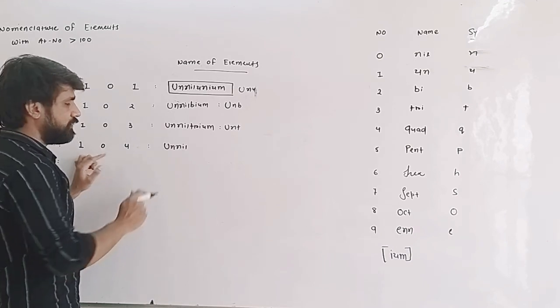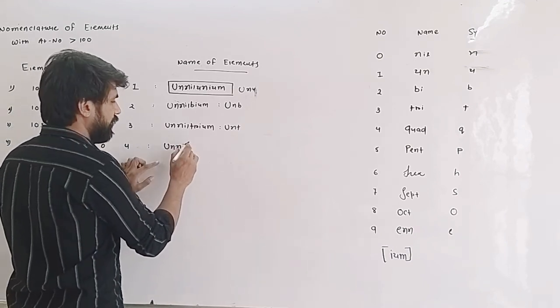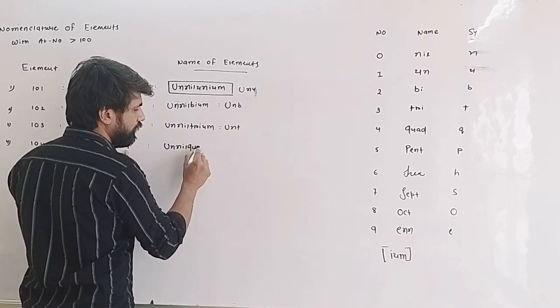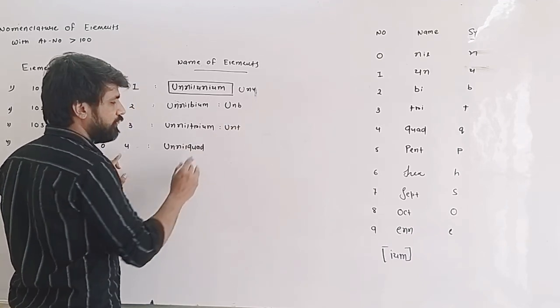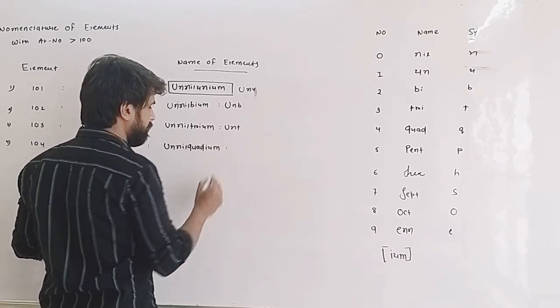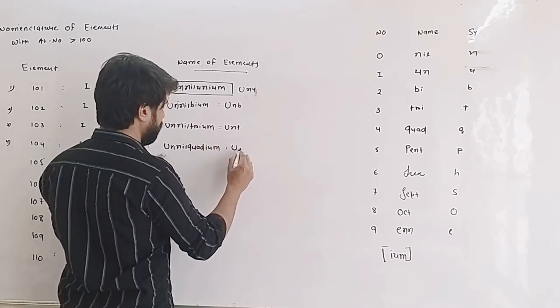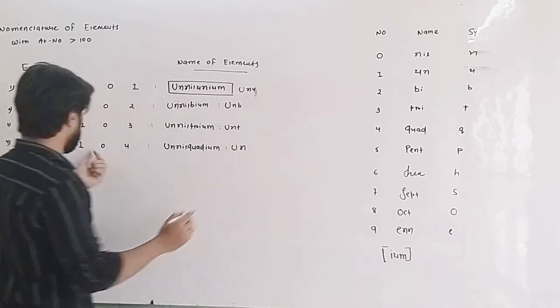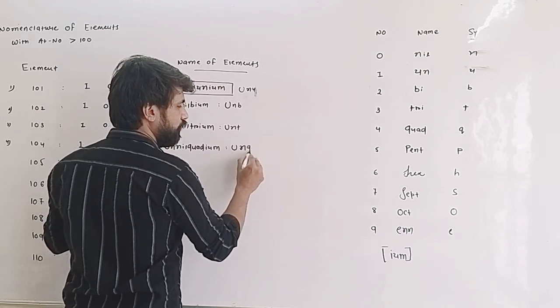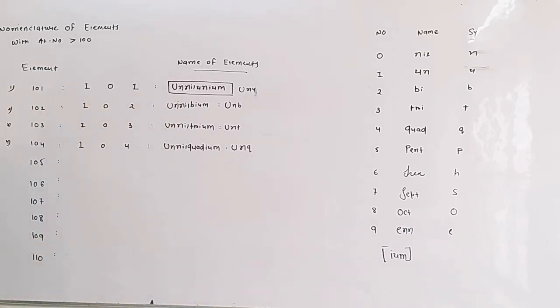Plus 4. 4 means quad. So quad, and the last one, ium. So here it is unnilquadium. Is it clear? What is the symbol? U, then nil means N, and quad means Q. U, N and Q. Is it okay? So that is 104.